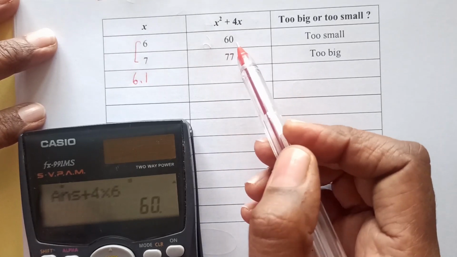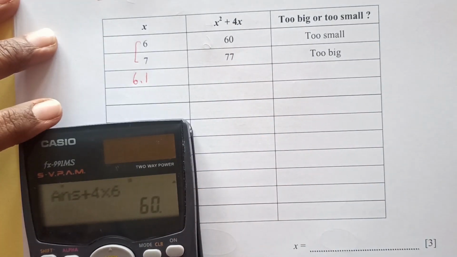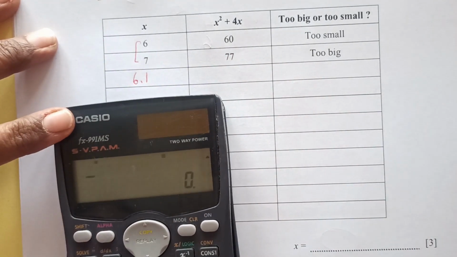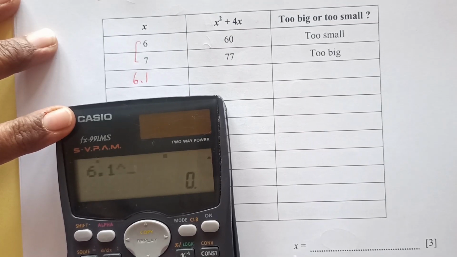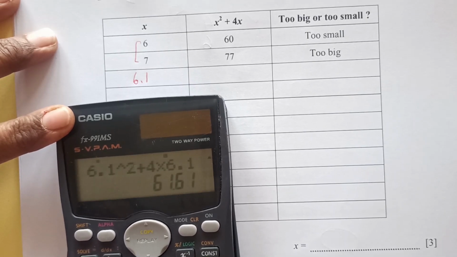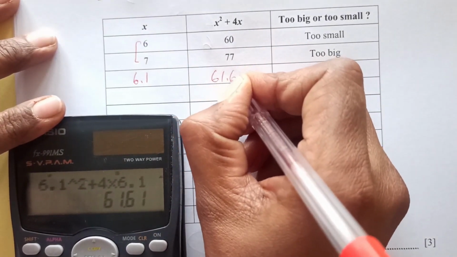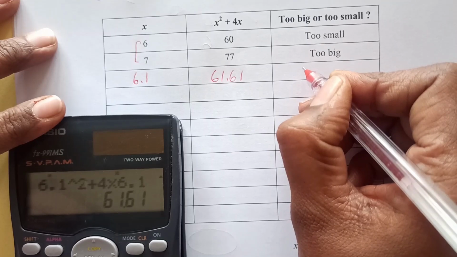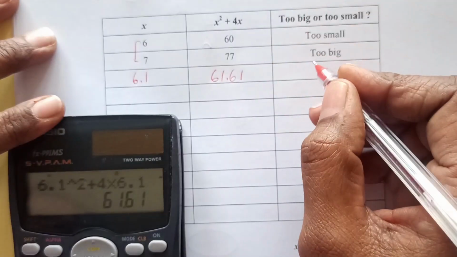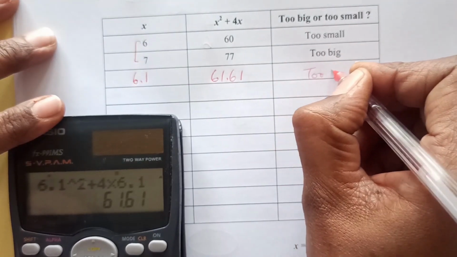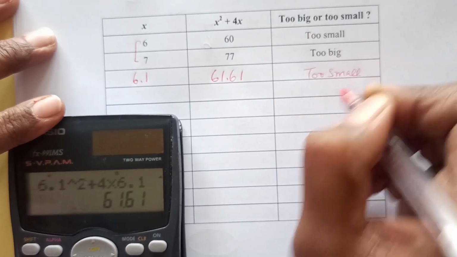But we should take 6.1. 6.1 squared plus 4 times 6.1 is 61.61. 61.61. This is again too small. Our result should be like 63. We can say too small, right?